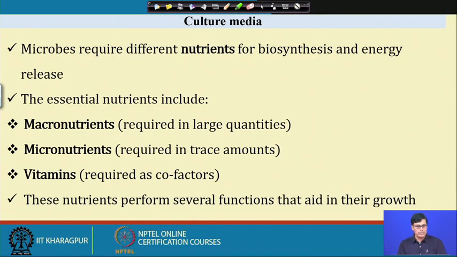Now the question comes to culture media. If you look at the culture media, microbes require nutrients. I mentioned before that they require nutrients, and the nutrients can be classified in 3 different ways: macronutrients, micronutrients, and vitamins. Macronutrients means those required in large amounts.